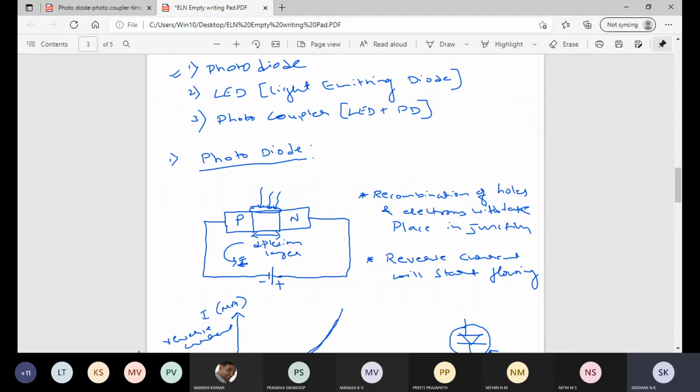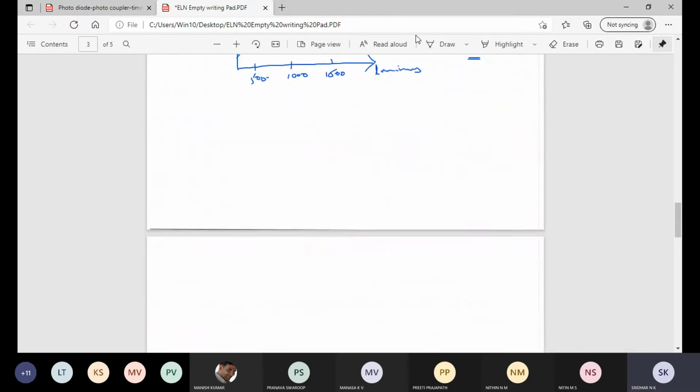Minority charge carriers are in less number, so even a small change in current we can notice. For that reason, the photodiode is always connected in reverse bias. If this question arises somewhere, you should be able to answer it. So this is all about photodiode. Next, we'll move on to LED.